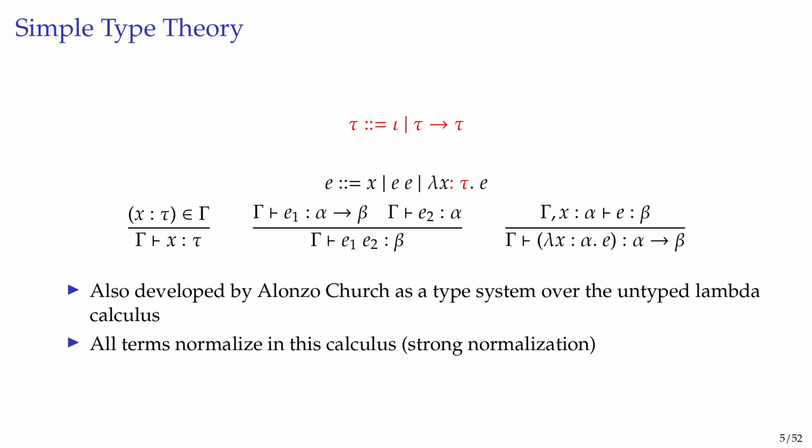This says that if x has type tau inside this context gamma, then we can derive it. This one says that an application is well typed if you apply a function to an argument of the right type. And this is the typing rule for lambda. In particular, in this calculus, all terms normalize. We call this property strong normalization.